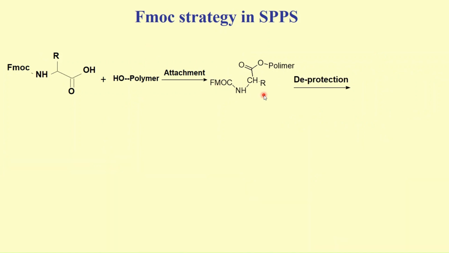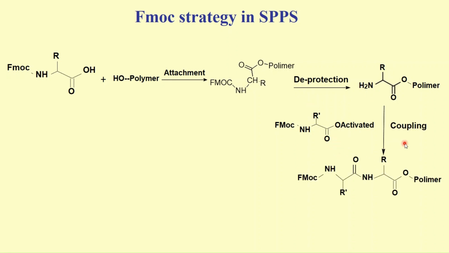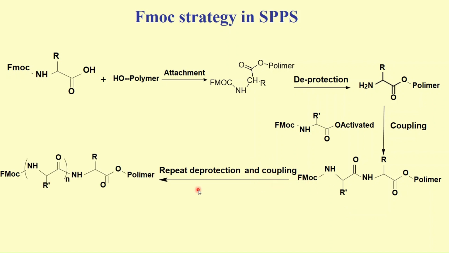Fmoc is deprotected to give the free amino group which is coupled with Fmoc protected and carboxy activated amino acid and coupled to give rise to a peptide which is deprotected and coupled with another amino acid the number of times until the desired peptide is obtained. Ultimately, it is cleaved from the polymer and deprotected to get the peptide of the desired nature.